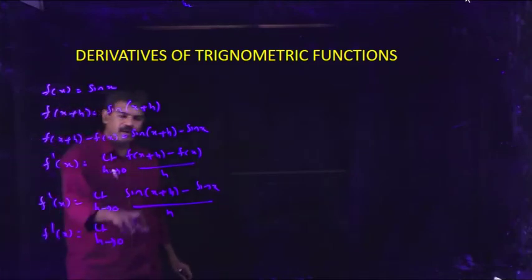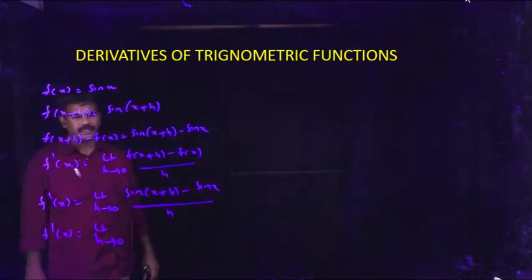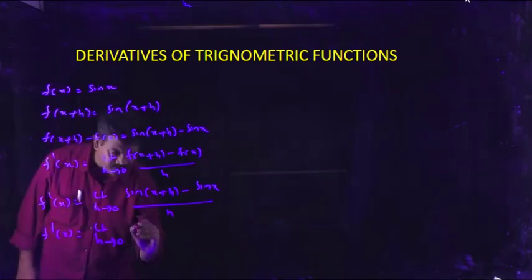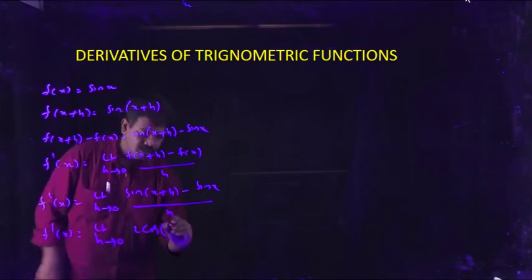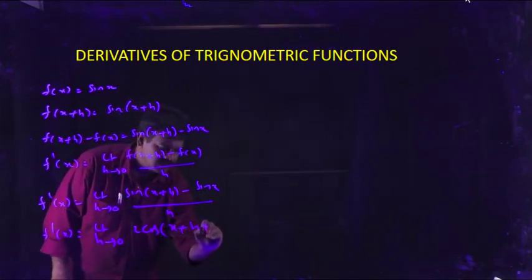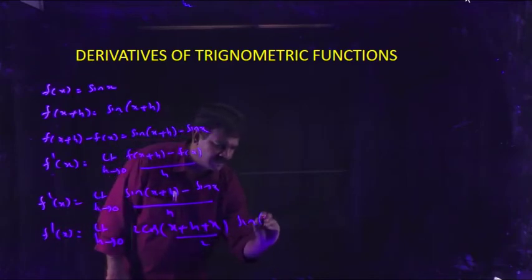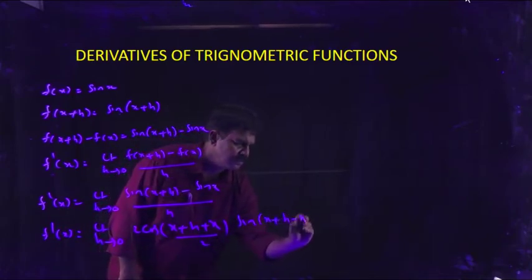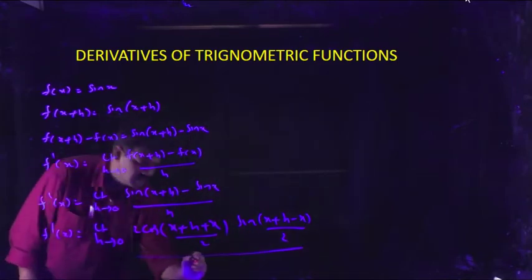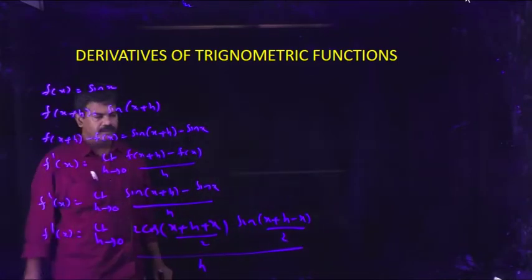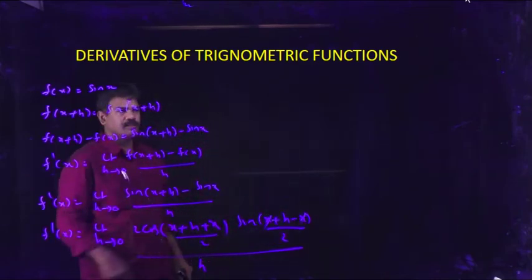Next, f dash x is equal to limit h tends to 0. It is in the form of sin c minus sin d. We know the formula for sin c minus sin d, that is 2 cos of c plus d by 2 sin of c minus d by 2. Here c means x plus h, d means x. So here x plus x is 2x.